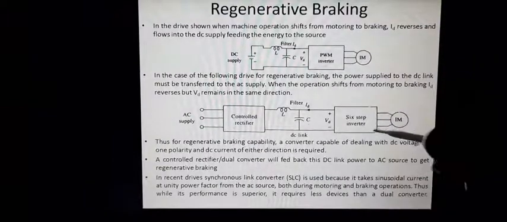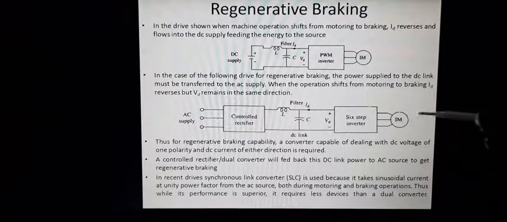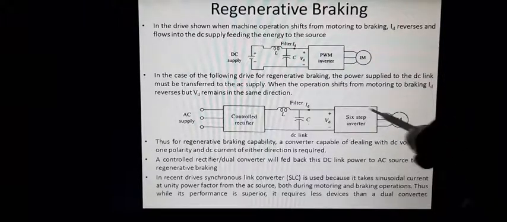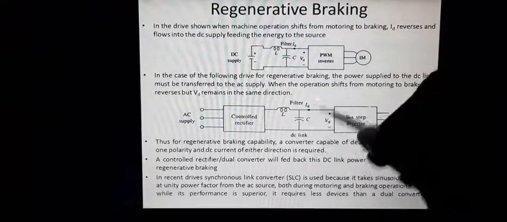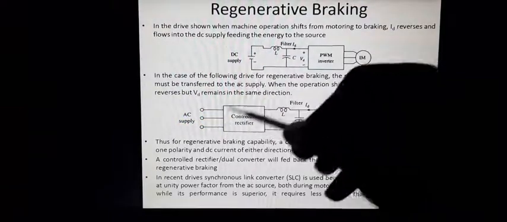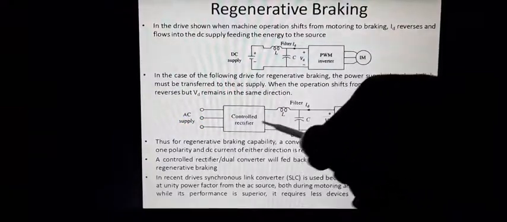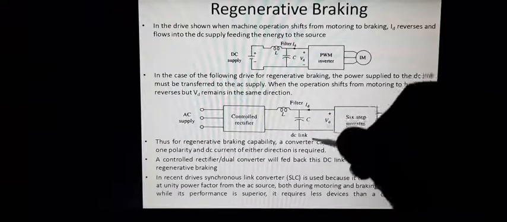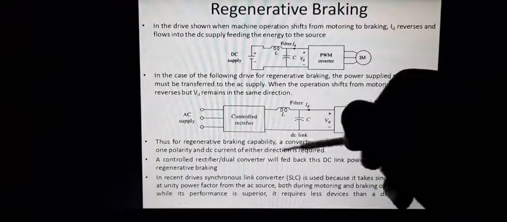Similarly, here also this will be acting as a rectifier. Then only during braking operation, the AC power which is being generated can be converted to DC in this DC link, and this will be definitely acting as an inverter, because then only this DC power can be fed back to the AC supply.